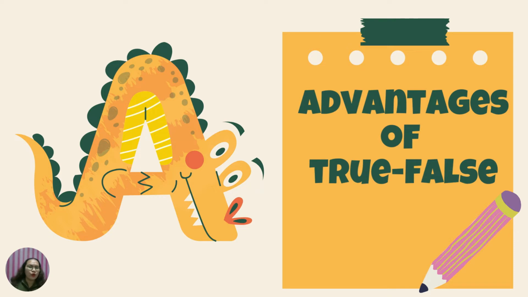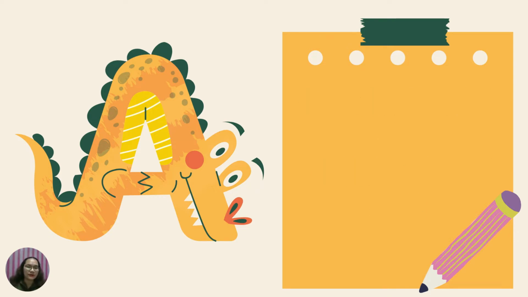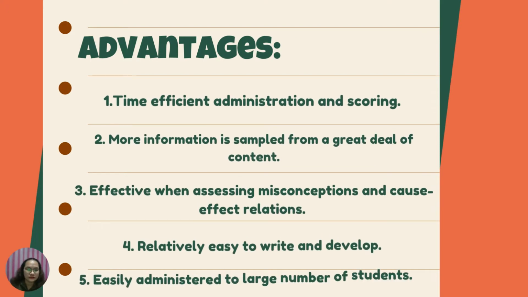Let me share to you what are the advantages of using true or false tests. There are 5 simple advantages that I have enumerated out of a lot of advantages of using true or false tests. I had selected 5 common advantages.